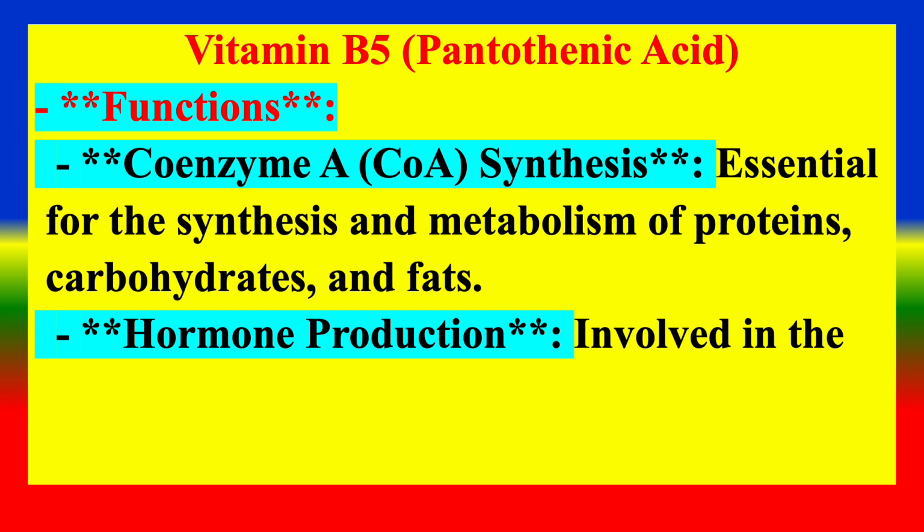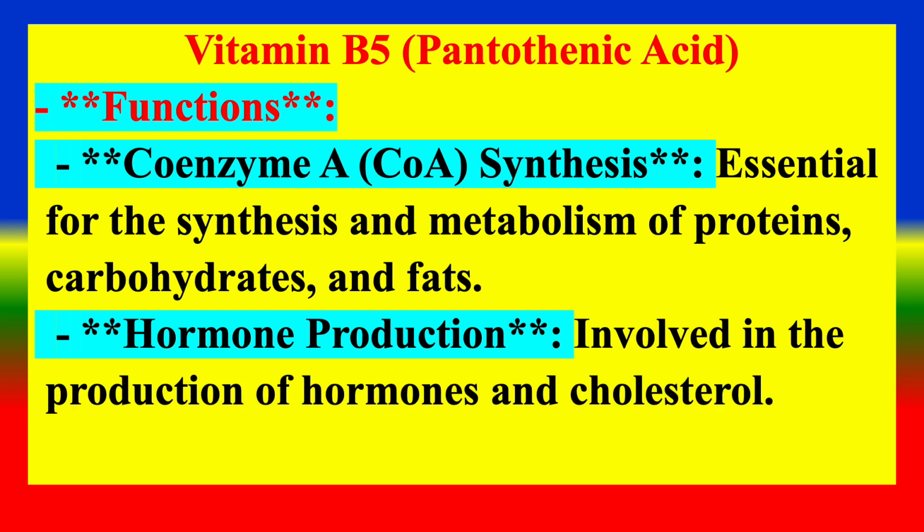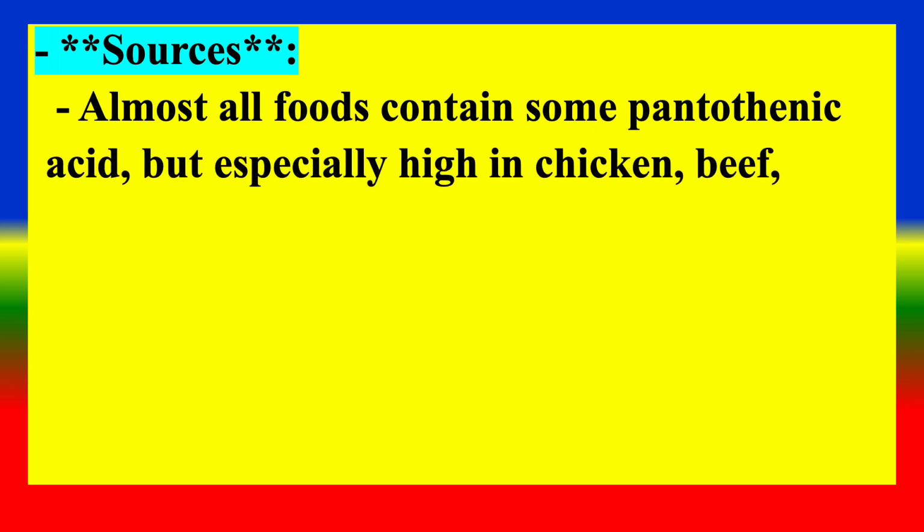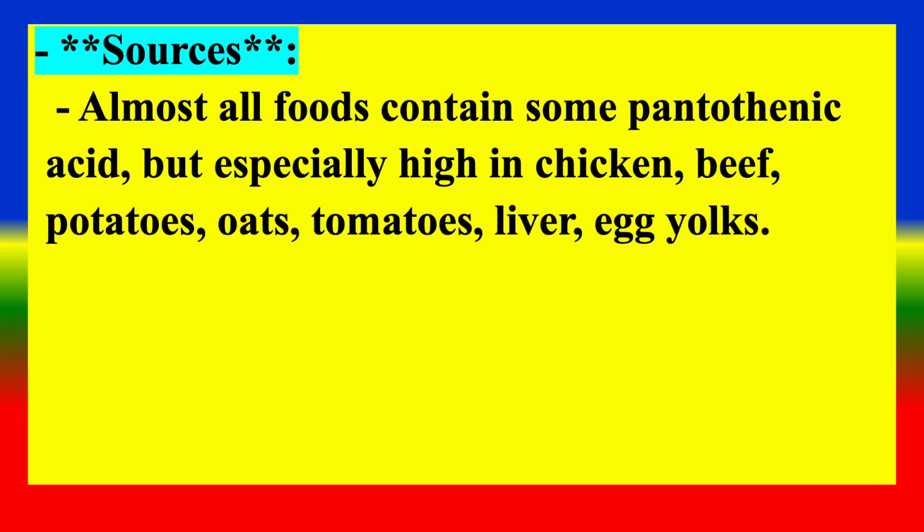Hormone production, involved in the production of hormones and cholesterol. Sources: almost all foods contain some pantothenic acid, but especially high in chicken, beef, potatoes, oats, tomatoes, liver, egg yolks.